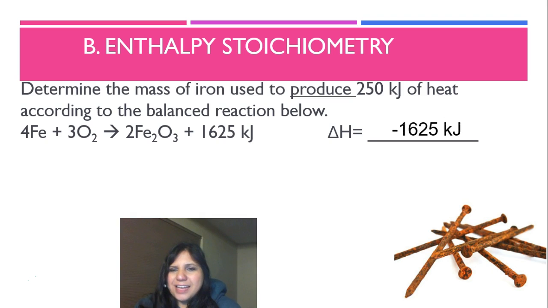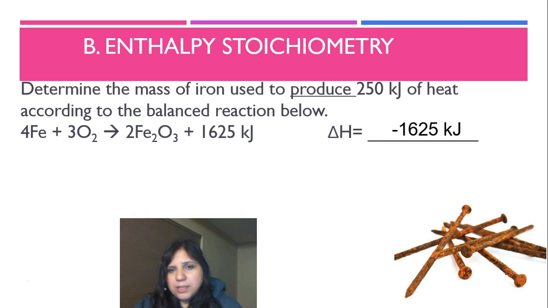This is an exothermic reaction because heat is on the right side. It produced that heat, it gave it off, so that's negative delta H. I'm going to write that on the side. Delta H is negative 1,625 kilojoules, and that's for every 4 moles of iron, 3 moles of oxygen, 2 moles of iron 3 oxide.